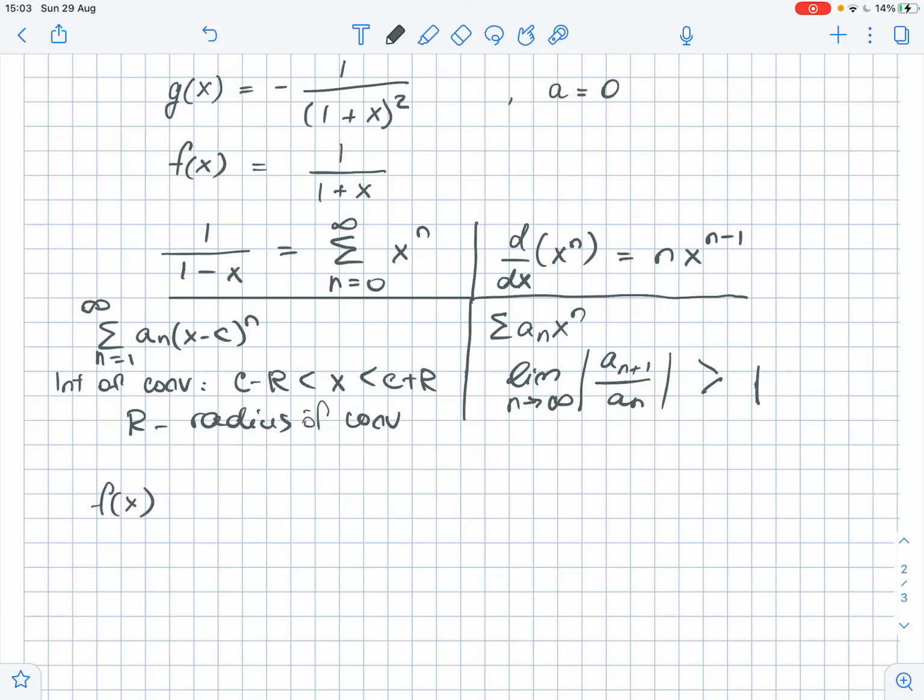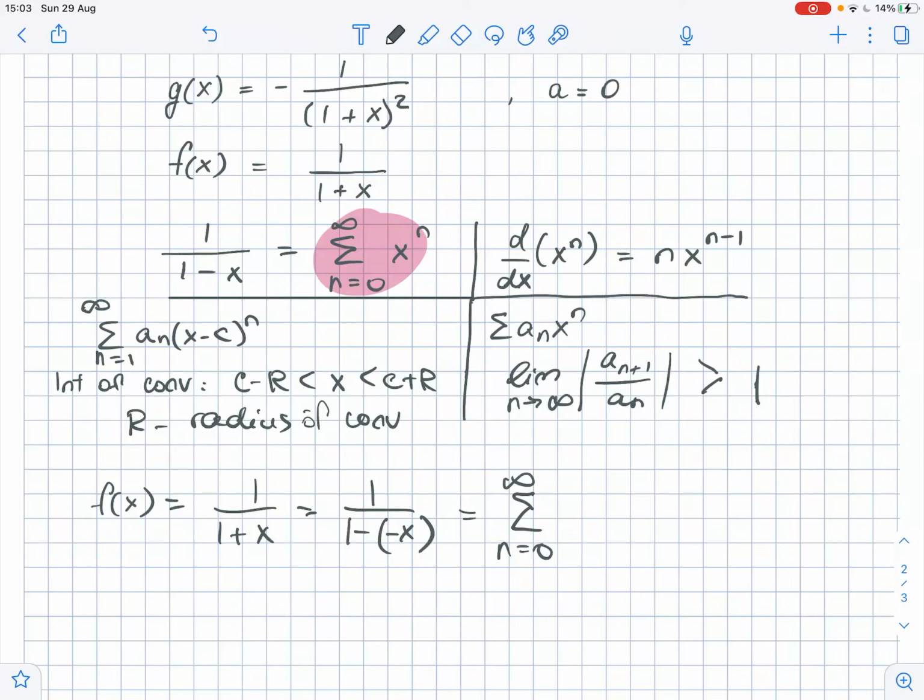Well, now let's work with our function f of x. So f of x equals 1 over 1 plus x, which equals 1 over 1 minus negative x. So we can use this sum right here, but we will substitute negative x for x.